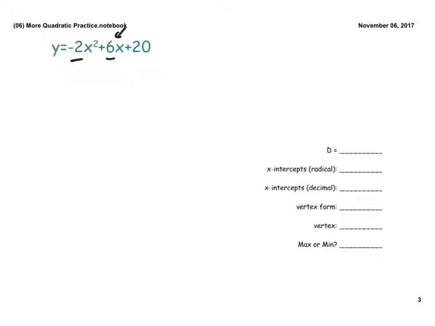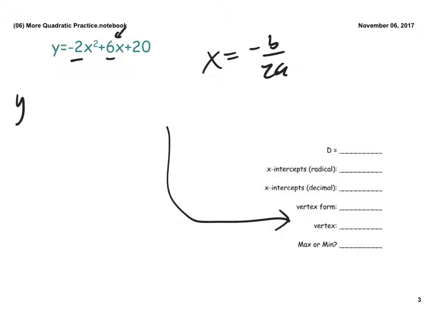If I really wanted to find the vertex on this one, I'd do x equals negative b over 2a, personally. If you want to do it by completing the square, you can. I'm going to show you the completing the square just in case you feel like it's been too long and you've forgotten how to do that.